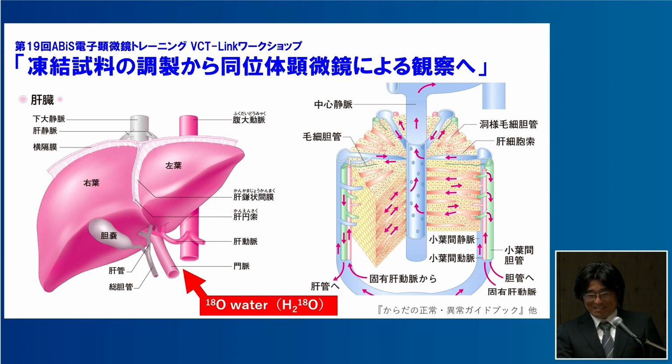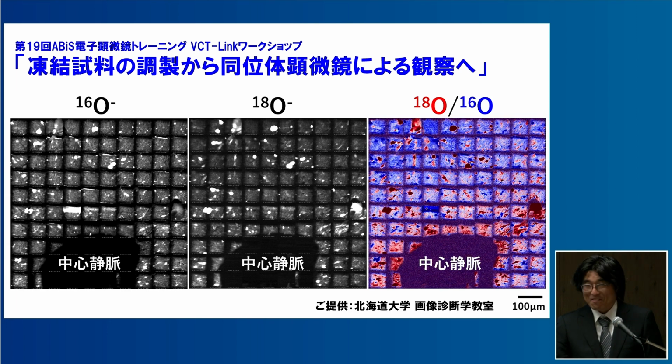But anyway, we did some analysis. This is the isotope image of O16 and O18, and the isotope ratio image. You can see a bright area and a not bright area.